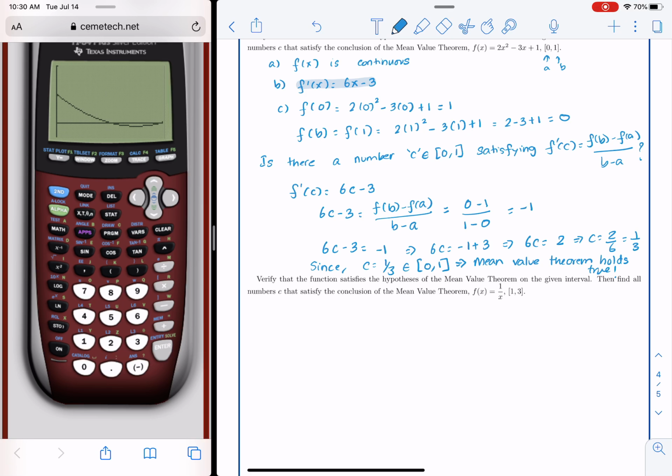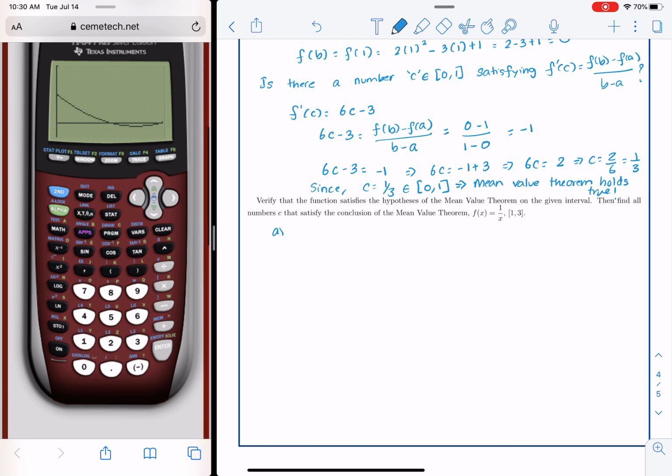Sometimes, depending on the function, it may not be true. So here we have another function that is between 1 and 3. So is f of x continuous? Yes, it absolutely is. We can verify that. If you graph it, set the window between 1 and 3.